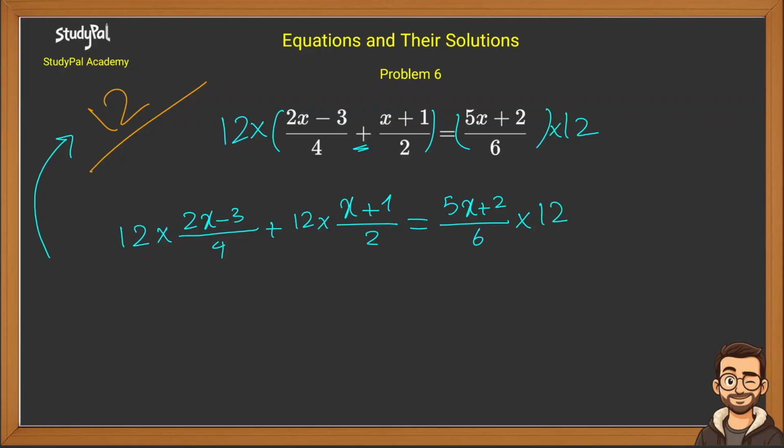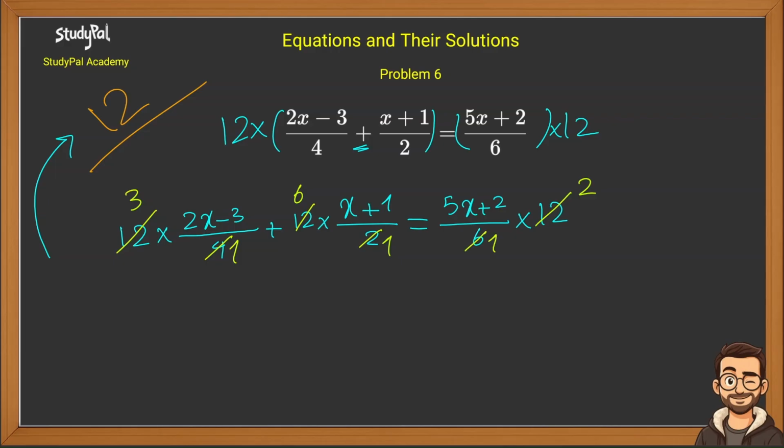We can now simplify. 12 divided by 4 is 3. 4 divided by 4 is 1. 12 divided by 2 is 6. 2 divided by 2 is 1. 12 divided by 6 is 2. 6 divided by 6 is 1.